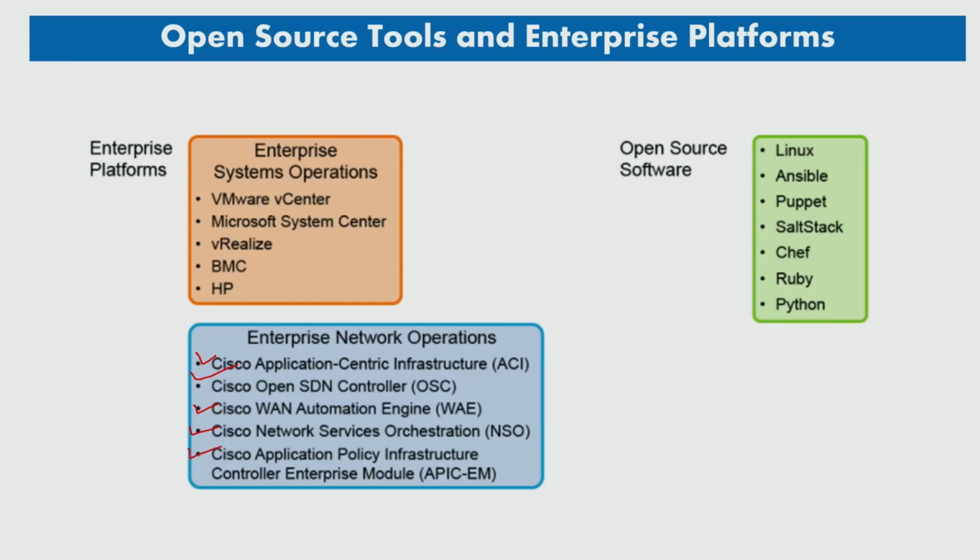Okay, so to automate and manage the entire infrastructure, network operation teams can use the Cisco tools in conjunction with existing open source methods such as Ansible, Puppet, SaltStack, and Chef, right? And they're all based on Linux and use Python and Ruby as their programming languages of choice.